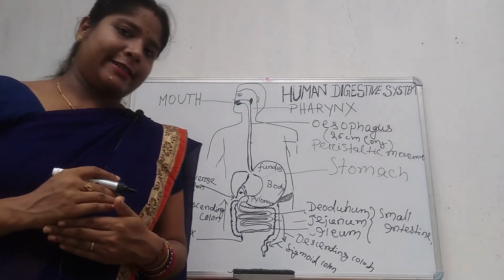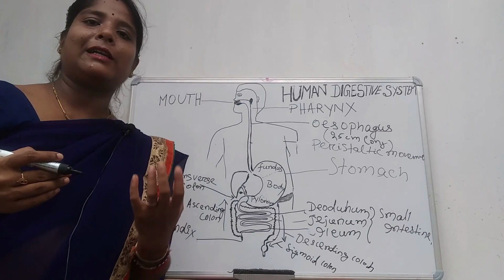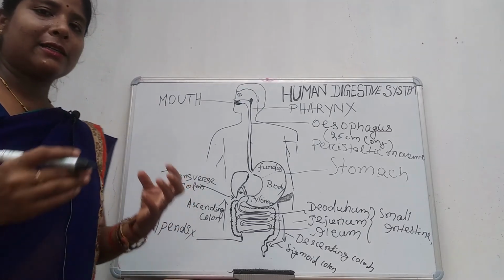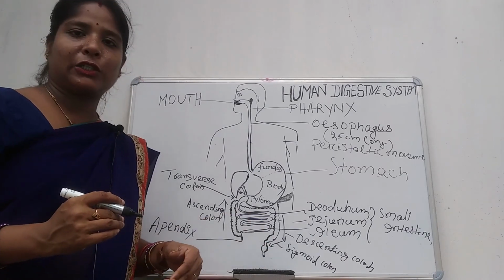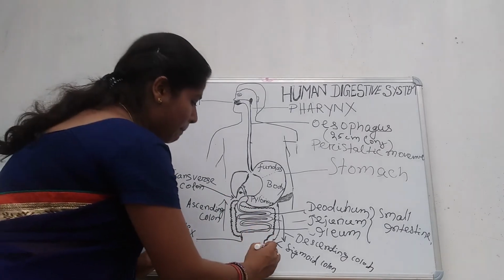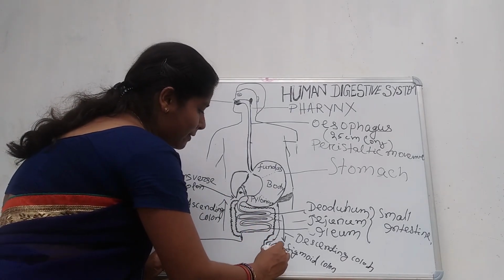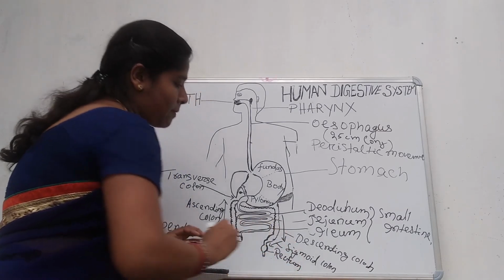After digestion, the undigested or residual product gets stored in the pouch-like structure called the rectum.